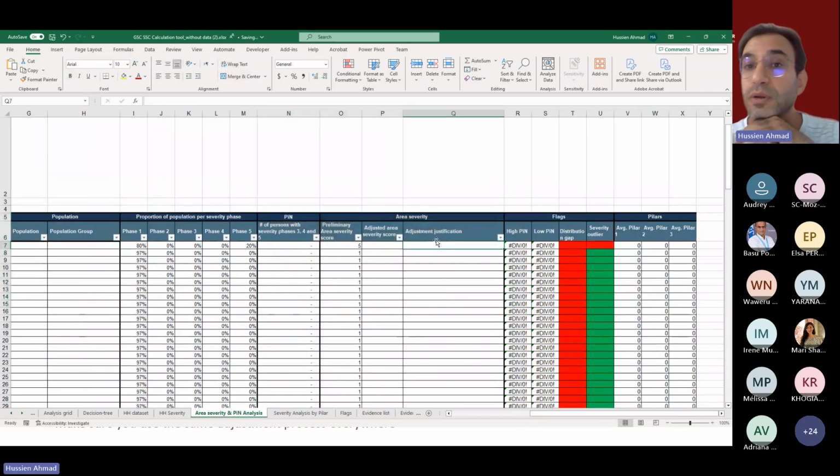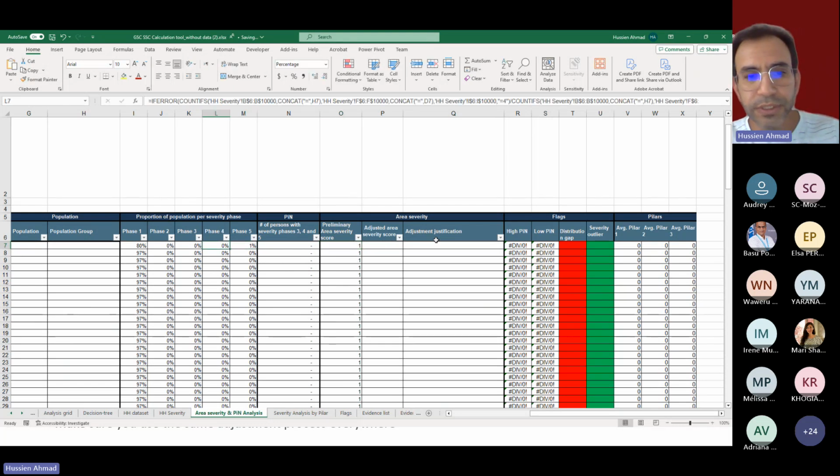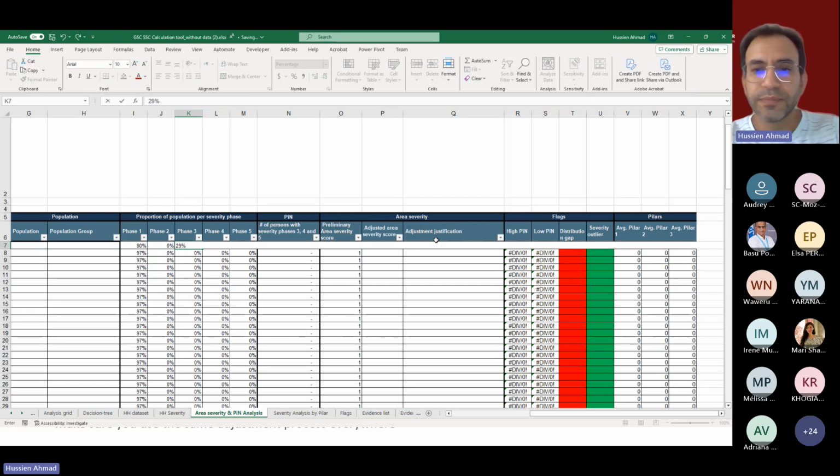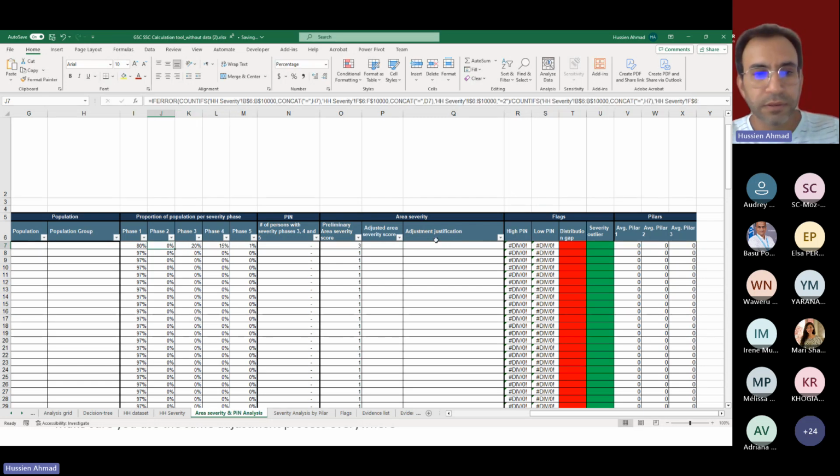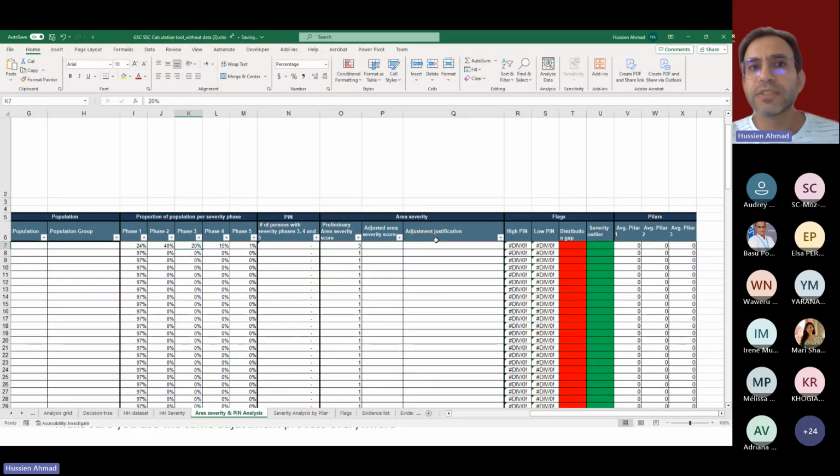Once you have the agreement, you log all the information about the adjustment in this adjustment justification, in this column Q, saying that the preliminary severity was 5, but after review, it was not 5. Maybe it was here 1%, here 15%, here 20%, for example, and here 40, then 60, 75, 76 for 24. Now the preliminary severity score is 3, so the adjusted is 3.